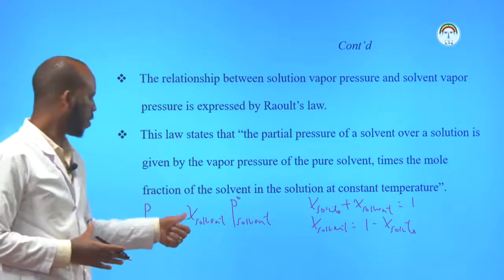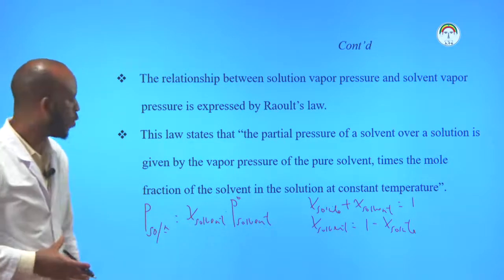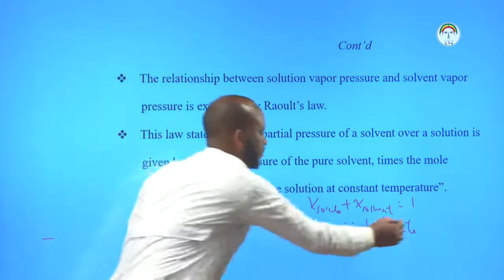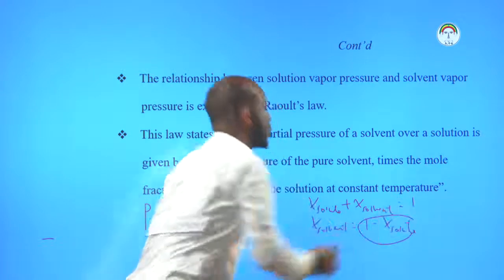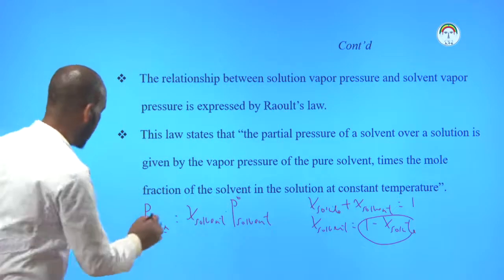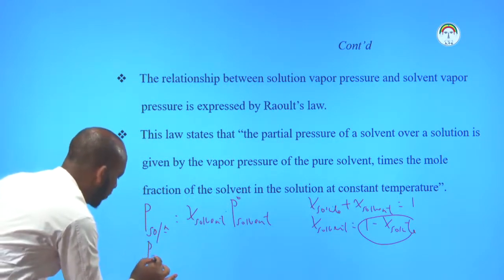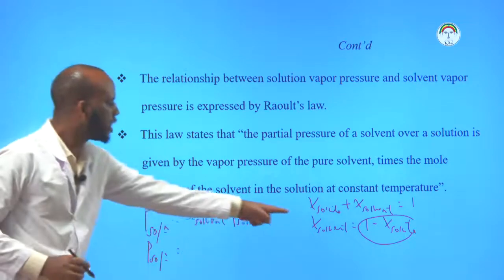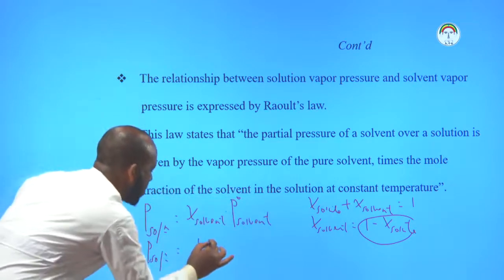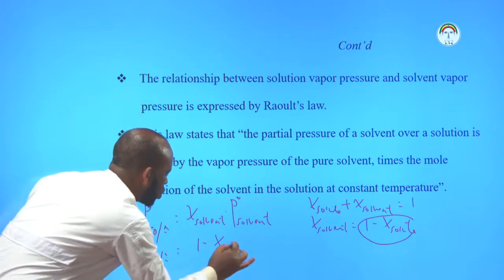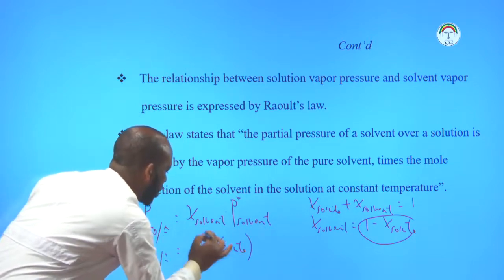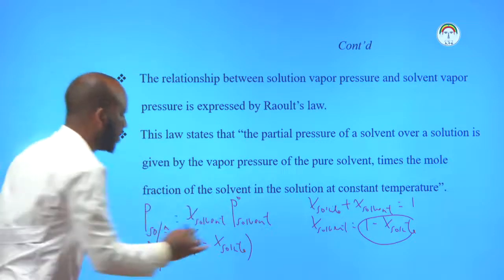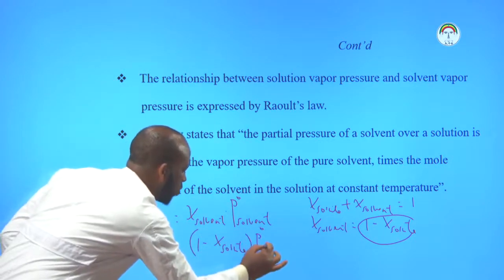In place of the mole fraction of the solvent, we can use 1 minus mole fraction of the solid. Therefore, P of the solution equals (1 minus mole fraction of the solid) times the vapor pressure of pure solvent, P naught of the solvent.